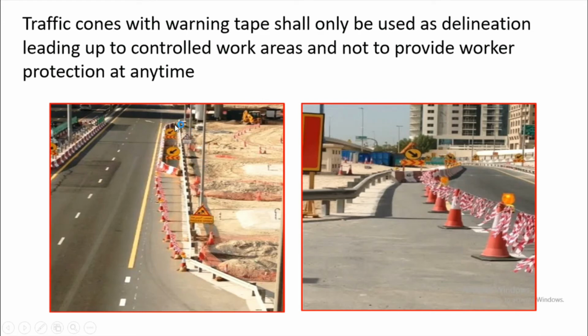Behind this there are some traffic cones as well. We call it the termination area. So we need to make sure that this is properly arranged as per the traffic management plan before we can allow our workers to start the job at the site.